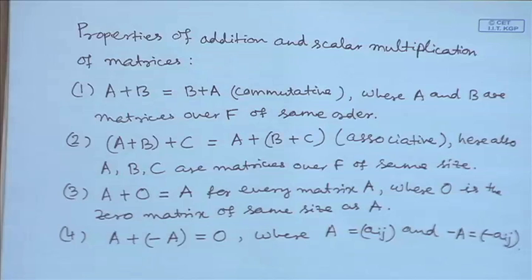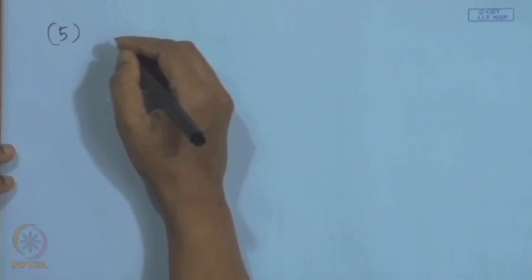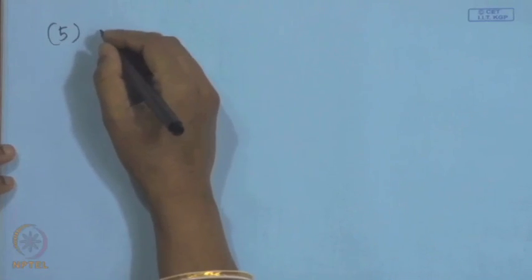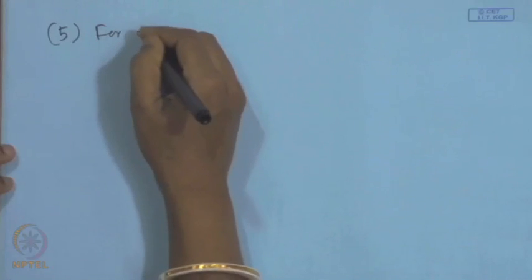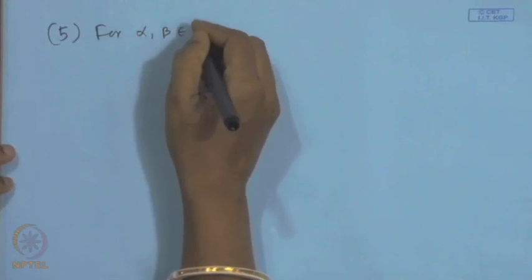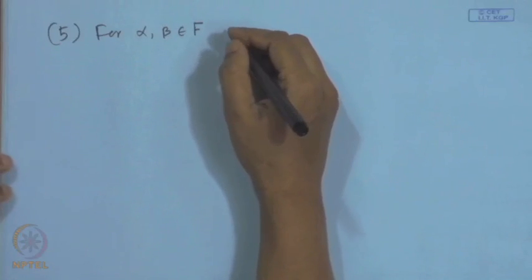So next we will have some properties of scalar multiplication, that is the fifth property. For scalars alpha and beta in the field, elements of this field F are of course called scalars.